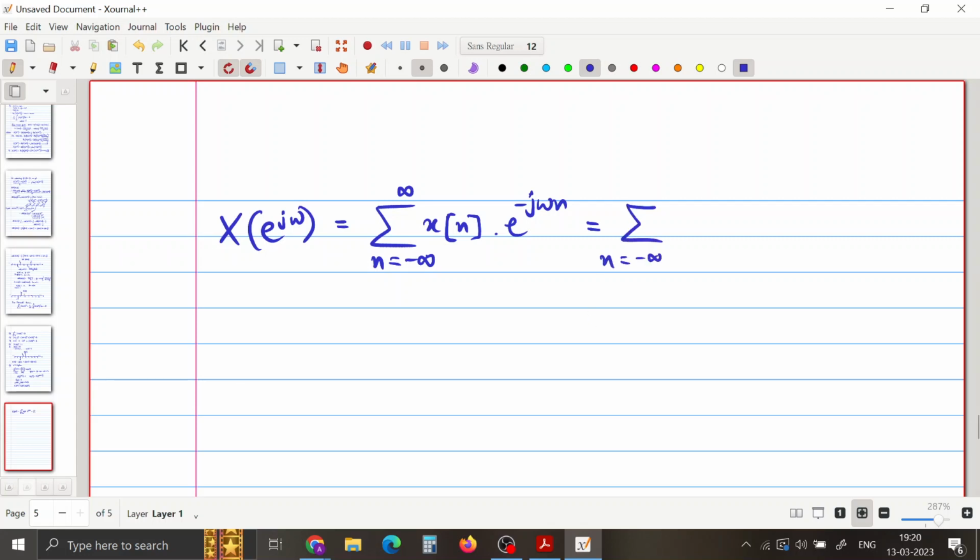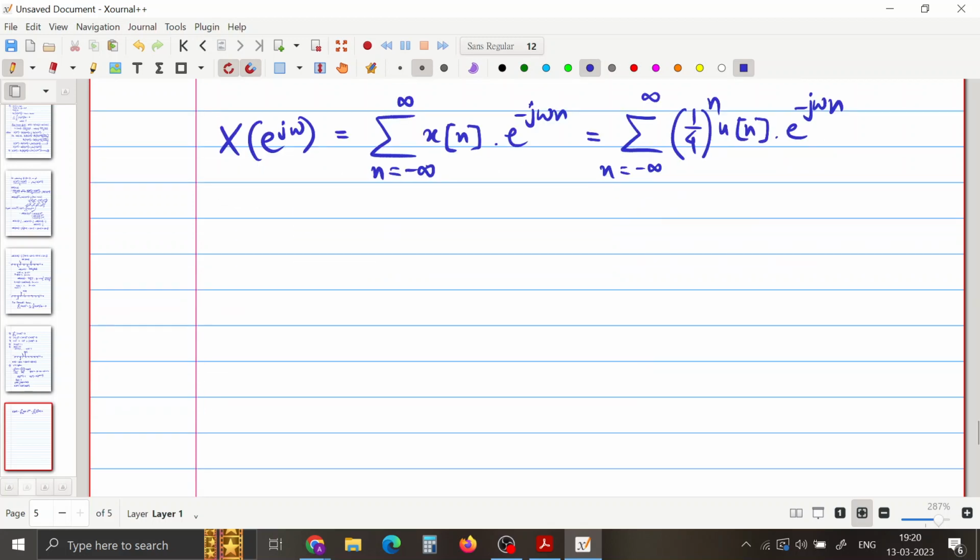So what is x of n? x of n, in the question, is given as this. Can you help me with this? Yeah, you can take the power as common, n. Sure. Then, since it is starting with u of n, we can start with n equal to 0 to infinity.